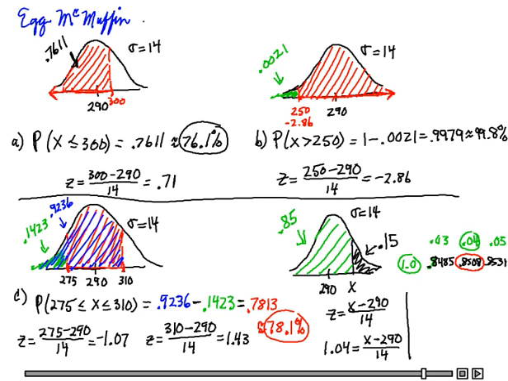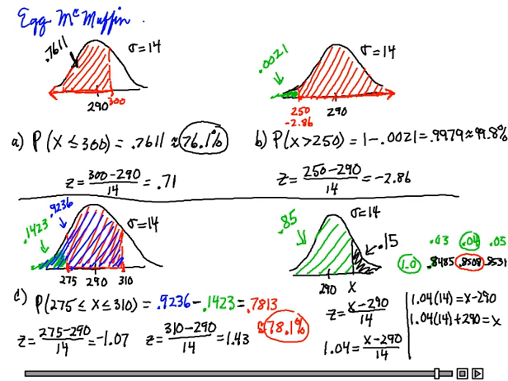Now, multiplying both sides by 14, I have 1.04 times 14 is equal to x minus 290. And then the next thing you do is you add 290 to both sides. And that total there will be x.